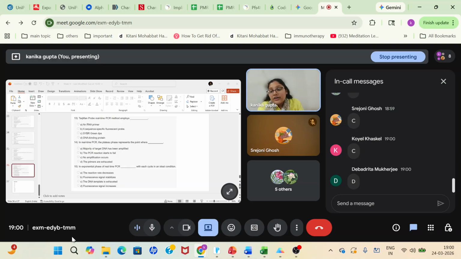It is the majority of target DNA has been amplified. Plateau phase I'm asking about. So the answer to this question is majority of target DNA has been amplified. ठीक है? Next question, everyone.